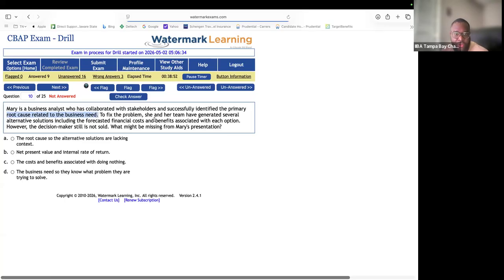So in her process to fix the problem, they identified the root cause related to the business need, then generated several alternative solutions. And part of that solution is the forecast financial cost and benefit associated with each option. So based on that information, do we think that the root cause, so the alternative solutions are lacking context? Do we think that's why the decision maker is not sold?